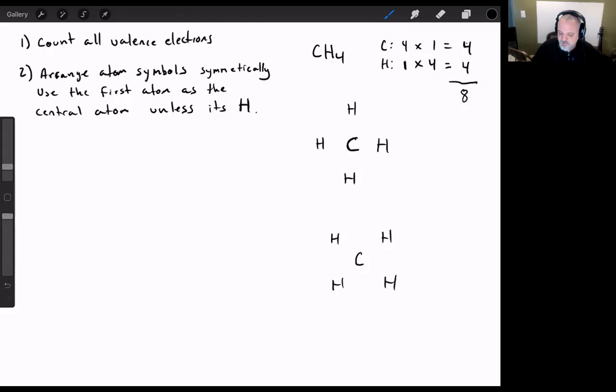Is this right or wrong? You're drawing pictures, ladies and gentlemen. So as long as you're following the rules, then you're okay. They're both technically right. Now, by convention, just by habit, you will see this way. This is how you'll see it.